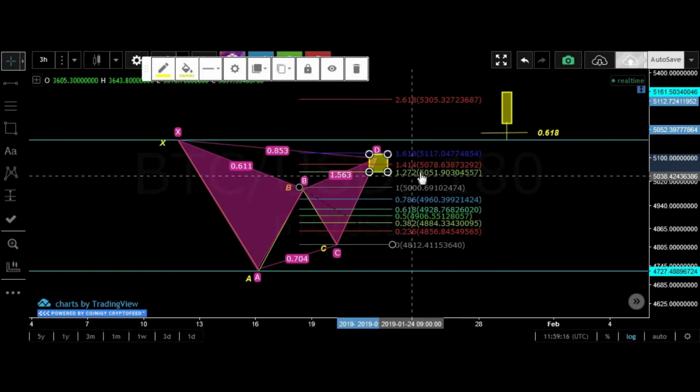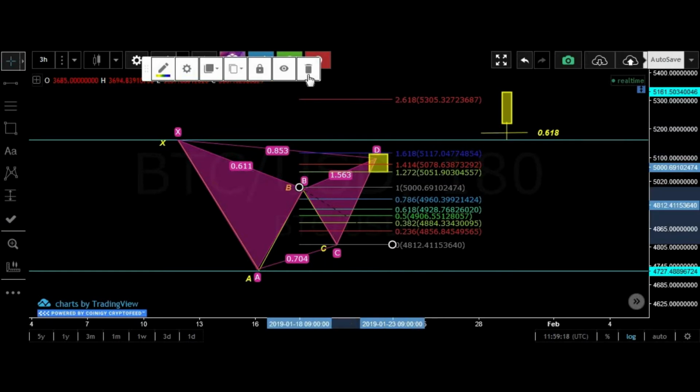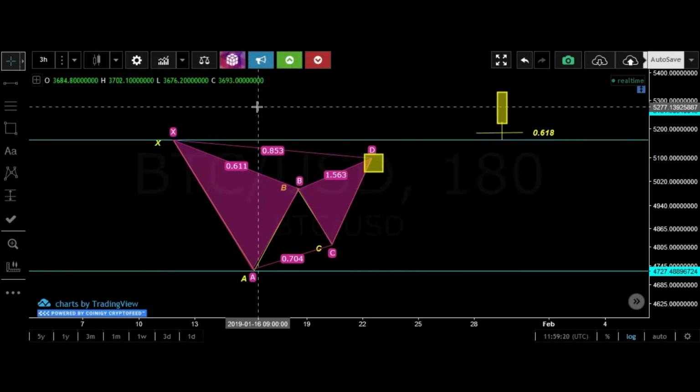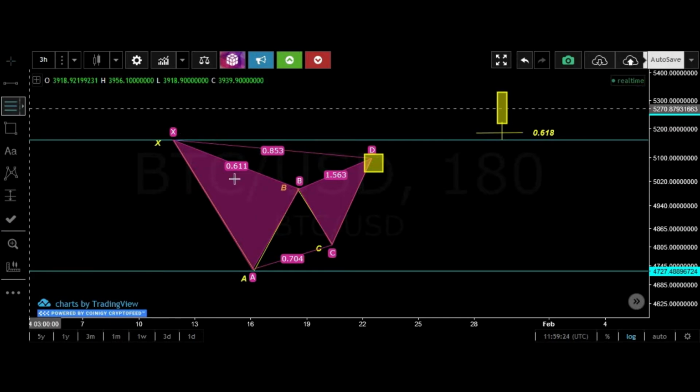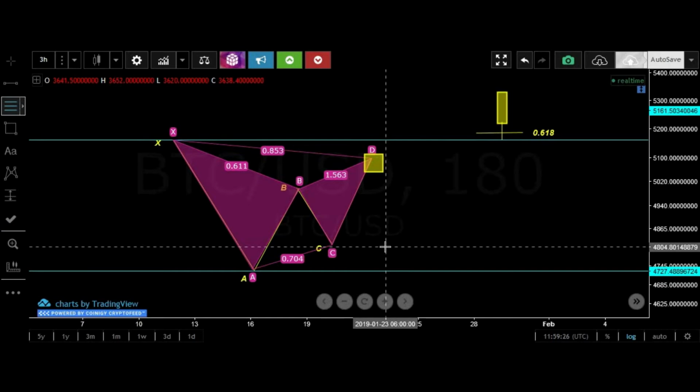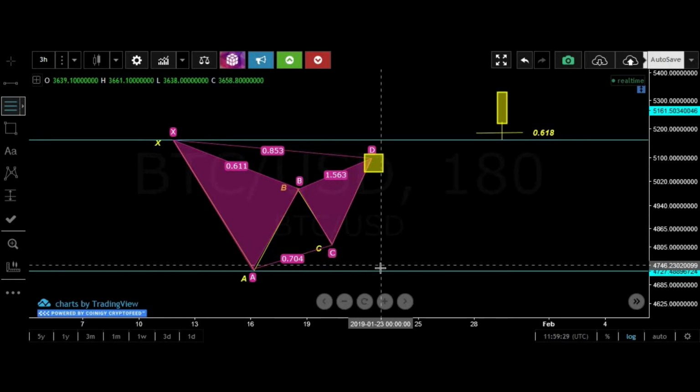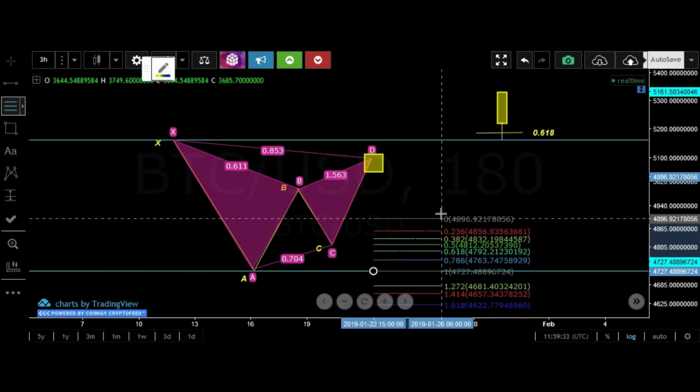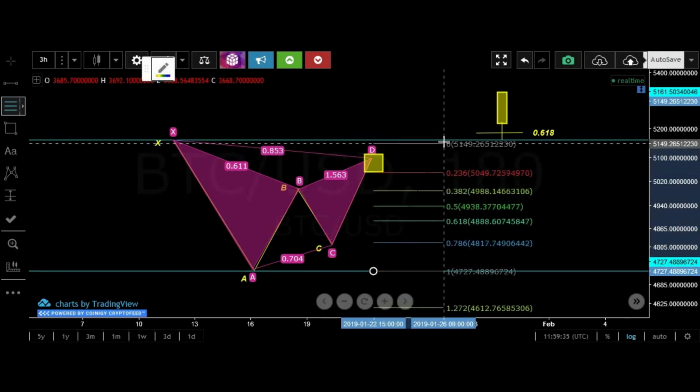So once you get these calculations right, the next step is to calculate your take profit level. Since it's a bearish Gartley pattern, you take your Fibonacci retracement level from here, drag it up to the X leg.